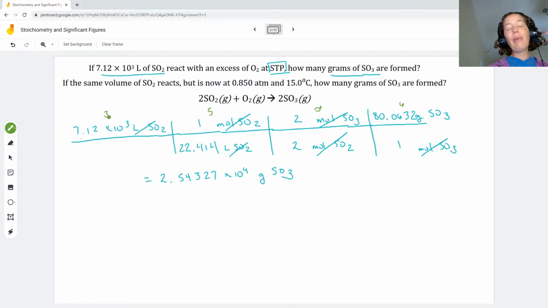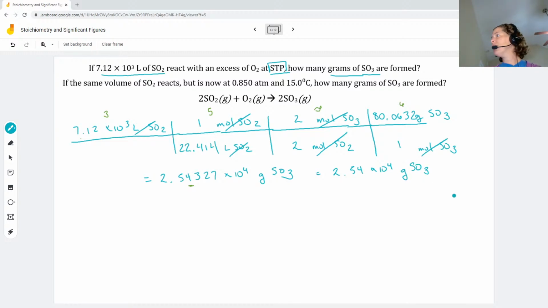Okay, so I am limited by what the problem gave me, which is again where I always like to be, if at all possible. And so I have 3 sig figs, which means I need to round to 3 sig figs right here. So this is 2.54 times 10 to the 4th grams of sulfur trioxide.